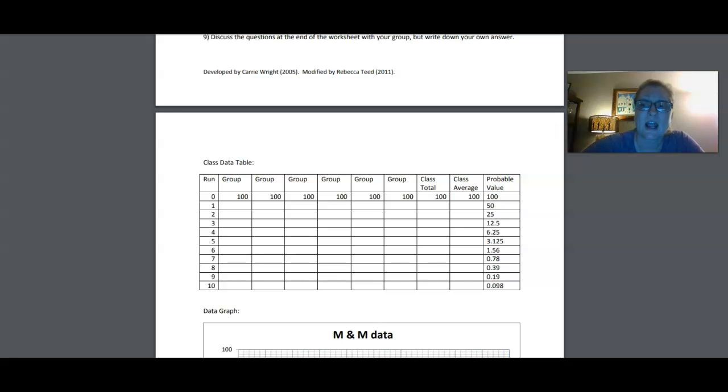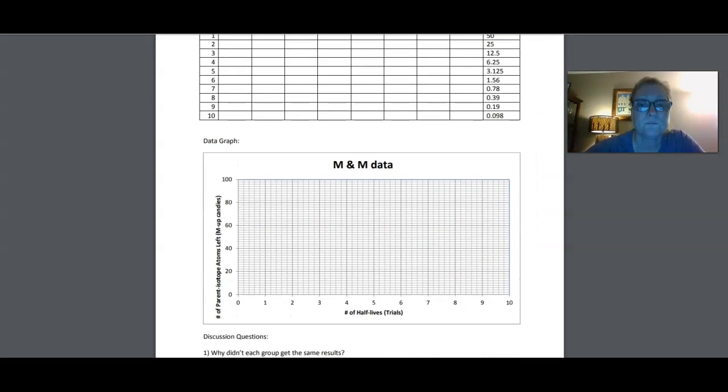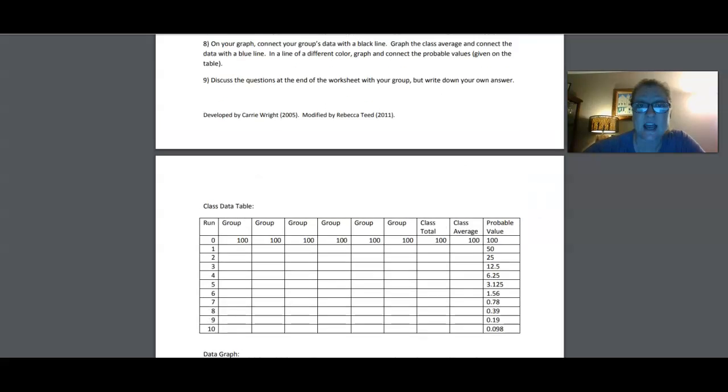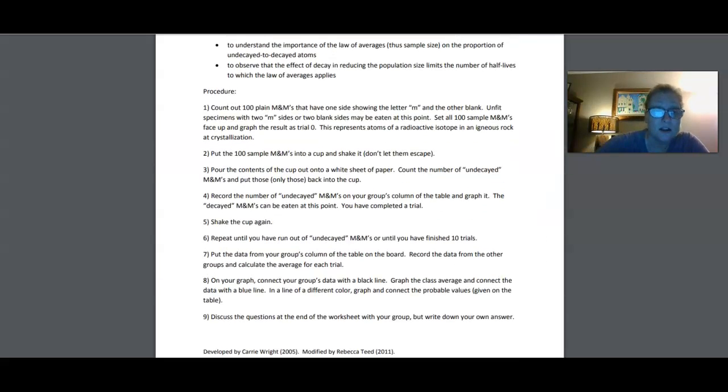All right, so let's take a look at graphing your data. You're going to graph both your data and the class average. If you look up here, the directions say to put the data from your group's column on the board. We did that. We kind of did it in that document, right? So on the graph right here, number 8 on the graph, connect your group's data with a black line.